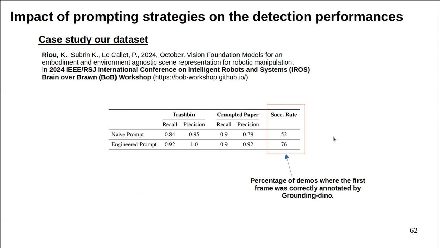It allowed us to correctly annotate 76% of our demonstrations when using our prompt engineering solutions, while using naive prompt engineering, so just asking for the trash bin and the paper trash, we could only annotate correctly 52% of our demonstrations automatically.